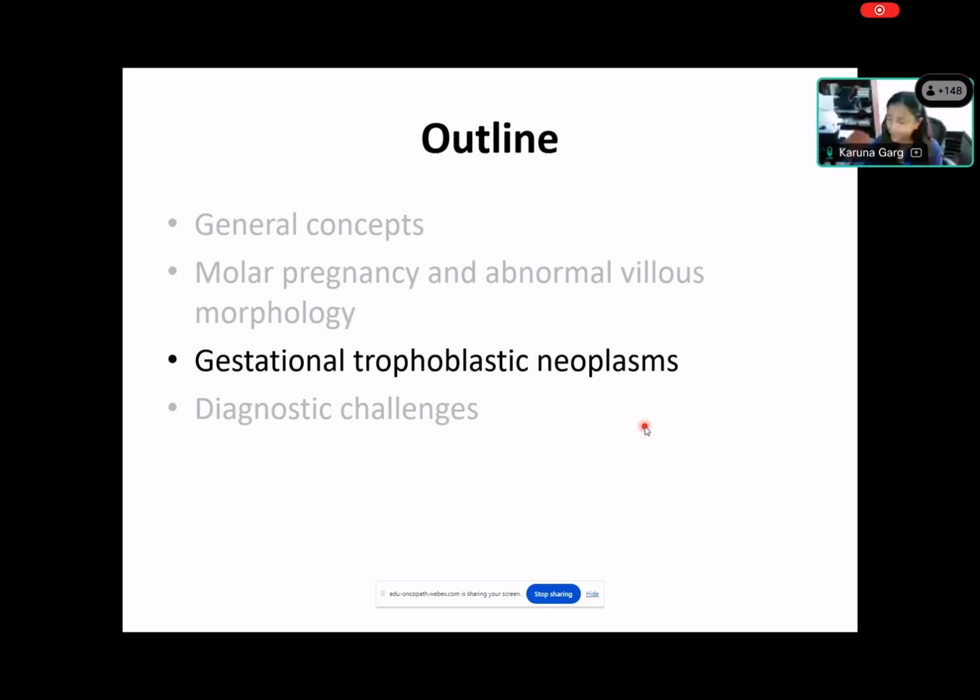Please don't ask me what that means because I don't have any idea, but that's what I read. I agree with you that logically they should not express P57, but there's something in that process where intermediate trophoblasts lose that imprinting and they can actually express it.